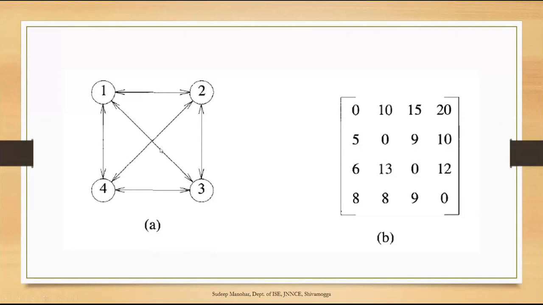From 2 to 3, 3 to 4, 4 to 1, this is one path. From 2 to 4, 4 to 3, 3 to 1, this is another path. If you want an optimal path, you should identify the minimum path out of these two from k to 1, and add that minimum to the cost of the edge from 1 to 2. So that is the basis behind this dynamic programming.